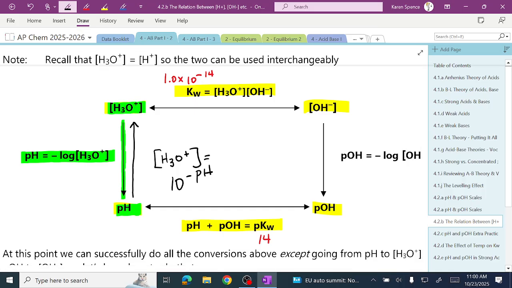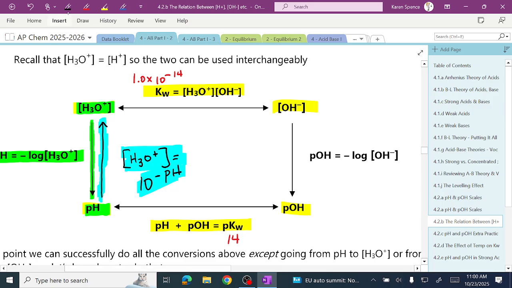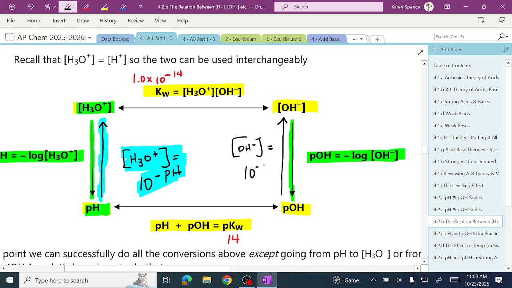Okay, so that's to go upward. And we can also go downward. We would use pOH is equal to negative log of OH. But if we wanted to go from pOH to H, what would we do? Yeah, OH minus is 10 to the negative pOH. And that would take us up.